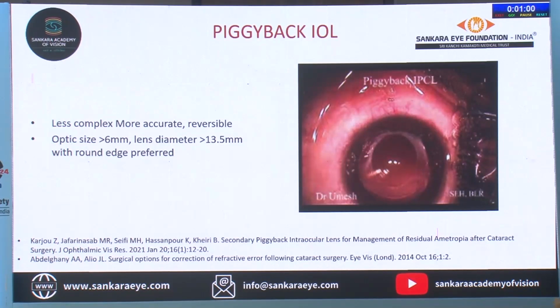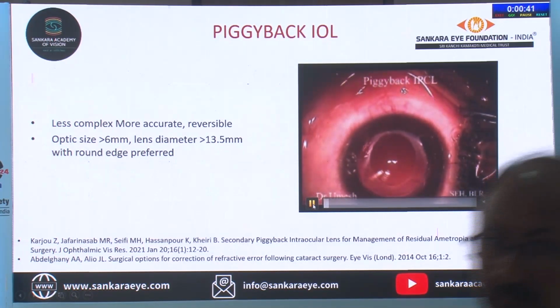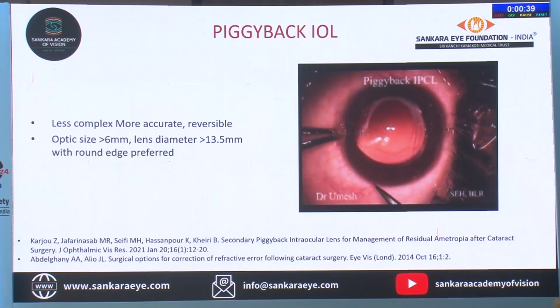Piggyback IOL is less complex, more accurate and reversible because there is a clear cut. Usually they say don't use the same material, use a different material so there won't be an interface issue. I had one case, a very high hyperope, I think he was 34-35, lenses were not available, 36 or something.